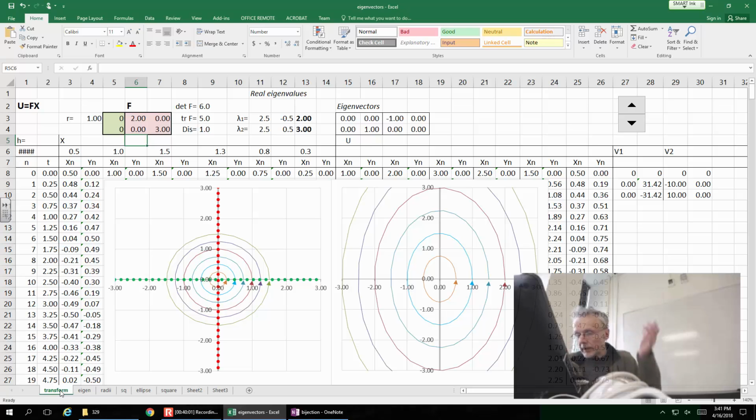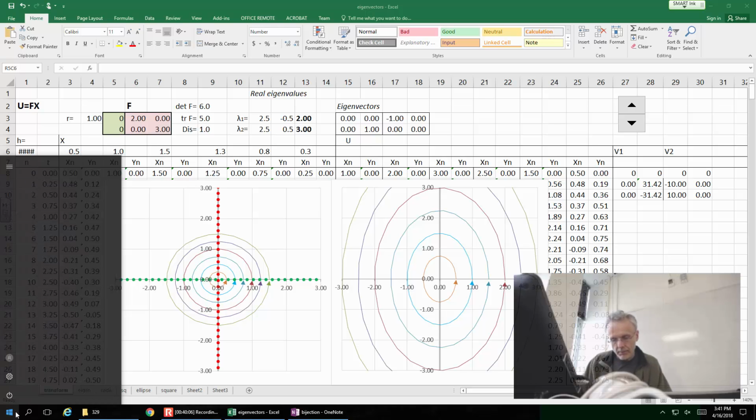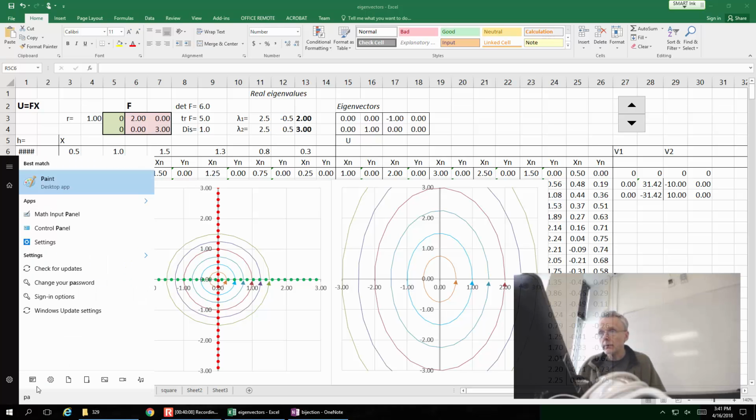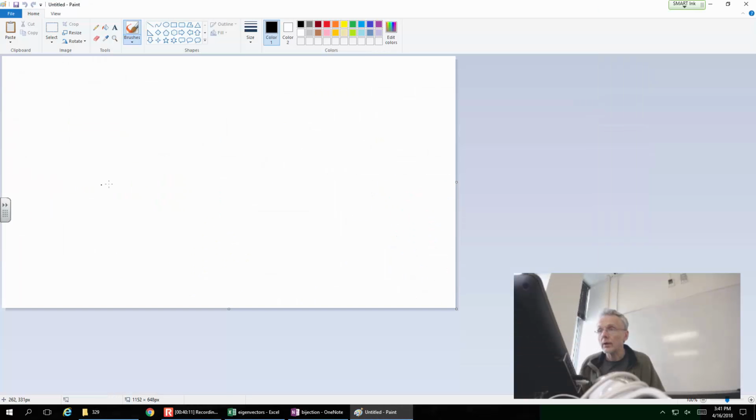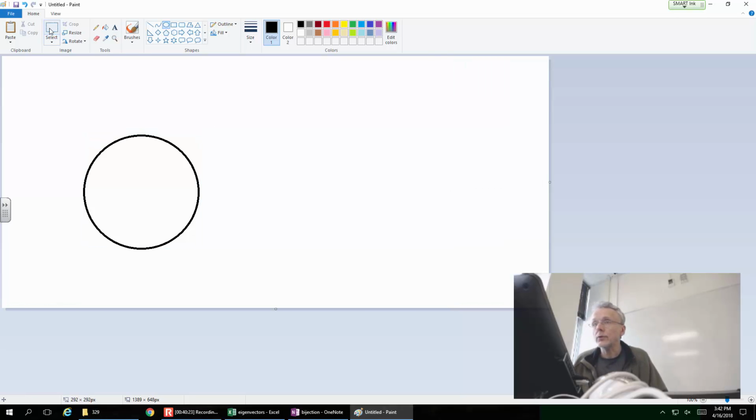In fact, let me do an example for you with Paint. Okay, so you can take a circle. Okay, that's a perfect circle. Take my word for it. And then what I'm going to do is I'm going to skew it.